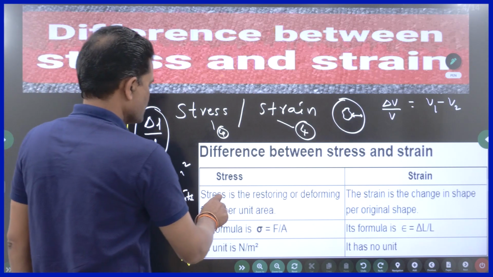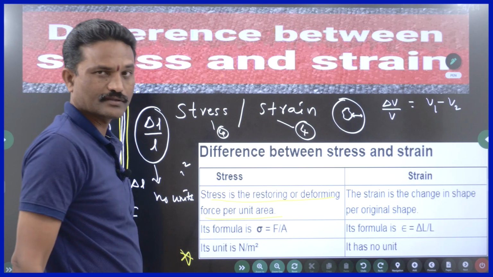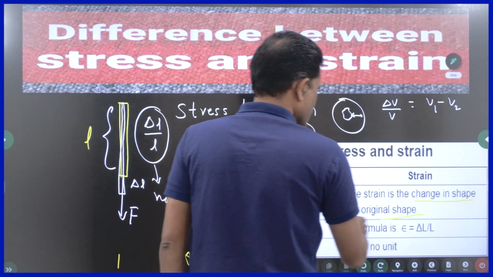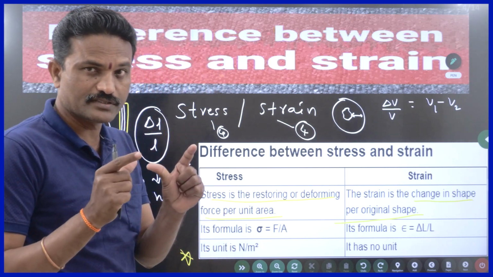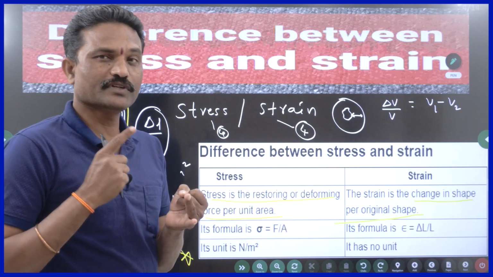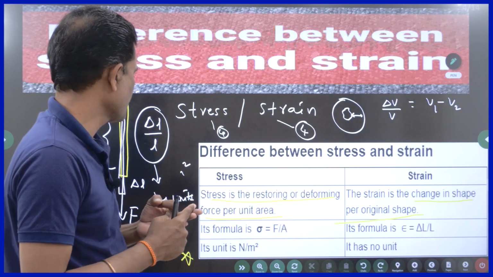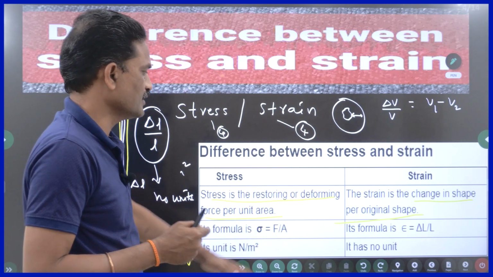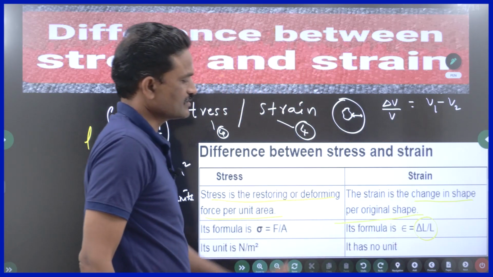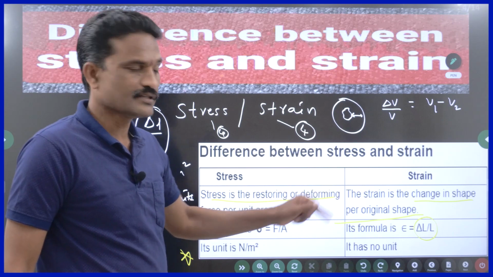So stress is the restoring force or deforming force acting per unit area. The strain is the change in shape per original shape. Change in the dimension per original dimension. Dimension can be length, dimension can be area, dimension can be volume. Is this clear? Its formula is F by A, and for strain it is delta L by L. That is not the general formula, this is called longitudinal strain that we will discuss.